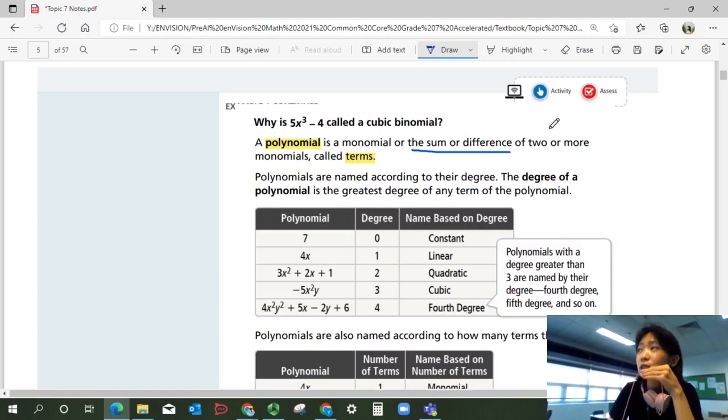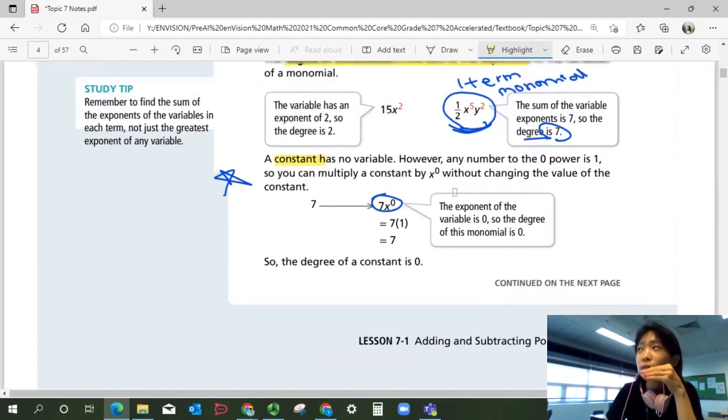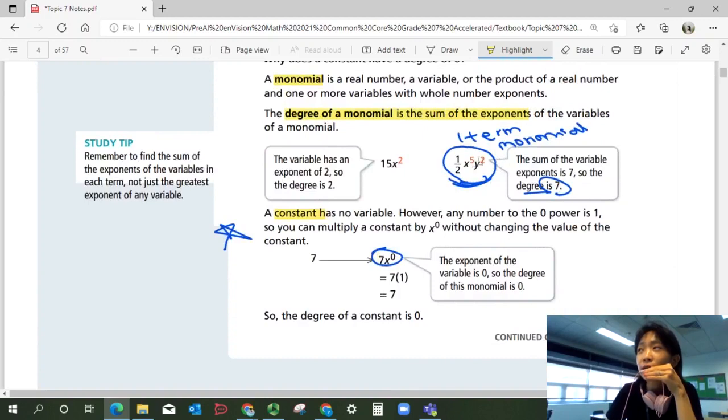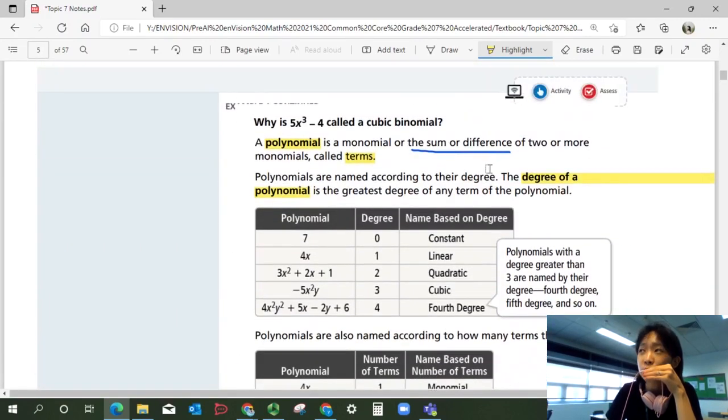Let's look at the degree of a polynomial. The degree of a polynomial is the greatest degree of any term of the polynomial. So now this is confusing because degree of monomial is what? Degree of monomial is the total degree in your monomial, in your term. Okay, you add the degrees, but that's the degree of your monomial.